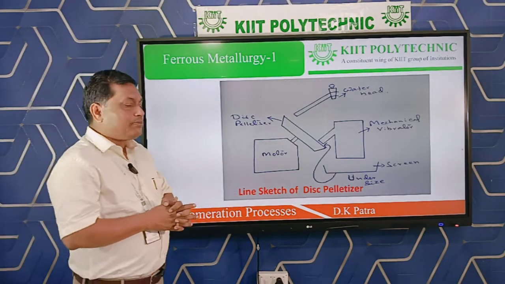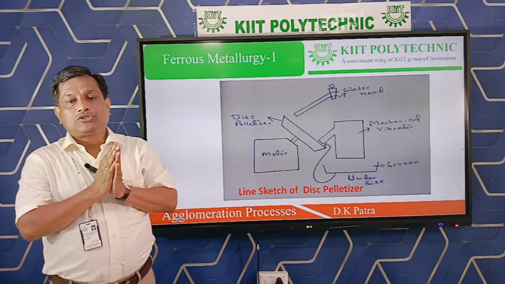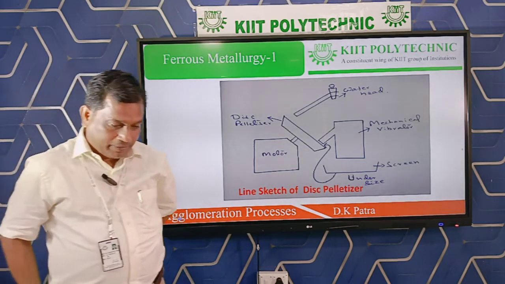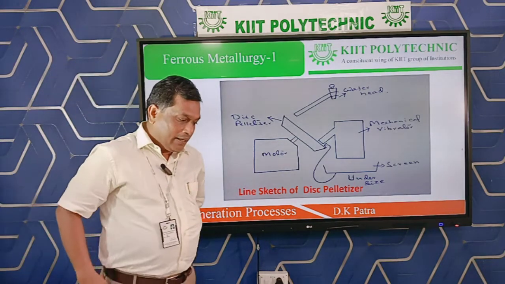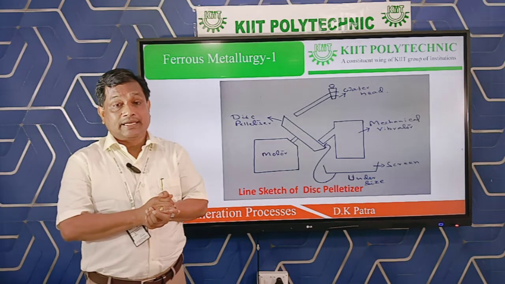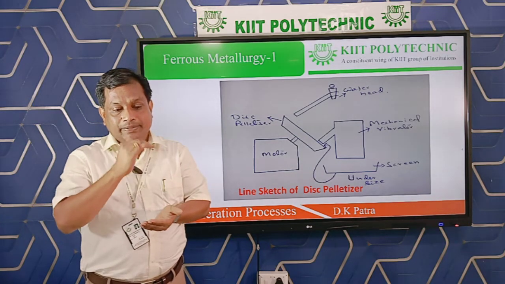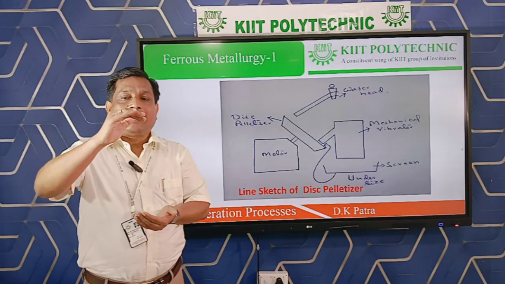In the second step, after the production of the green balls, in the induration plant, first there is a drying provision, we are drying the pellets. Then these pellets are put in a furnace, and slowly the temperature will rise.